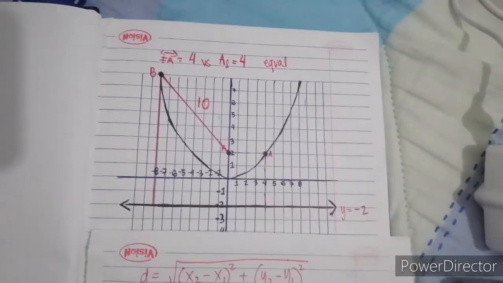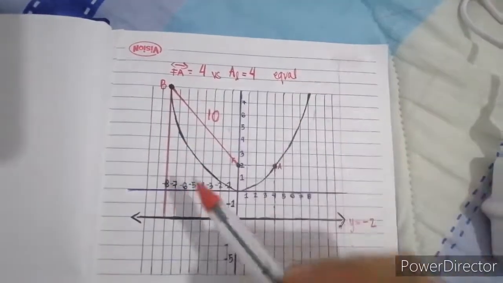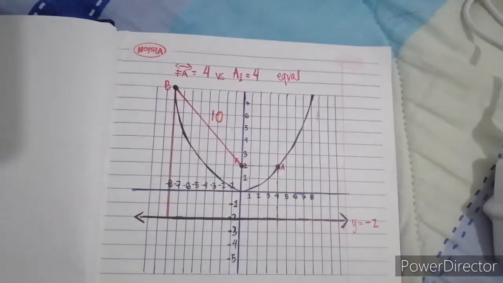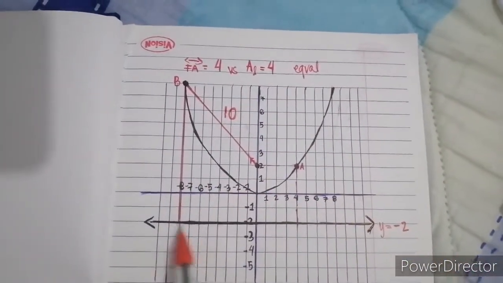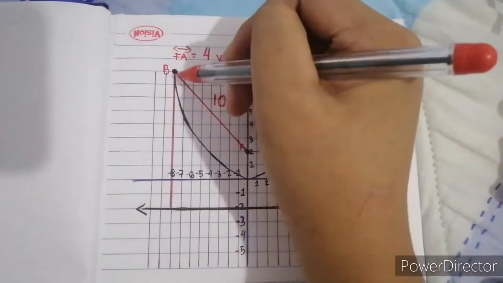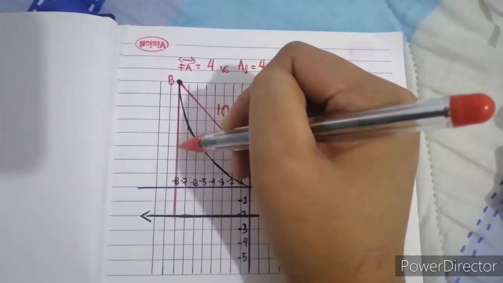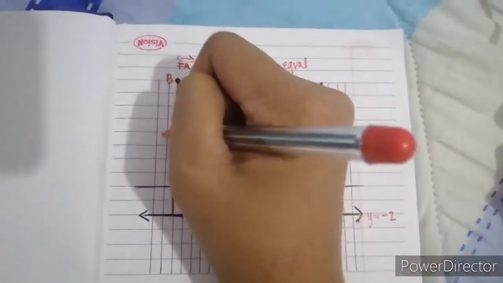Now, is it also equal if we find the distance from point B to our line? Since we can count them, let's count how far point B is to our line. 1, 2, 3, 4, 5, 6, 7, 8, 9, 10.